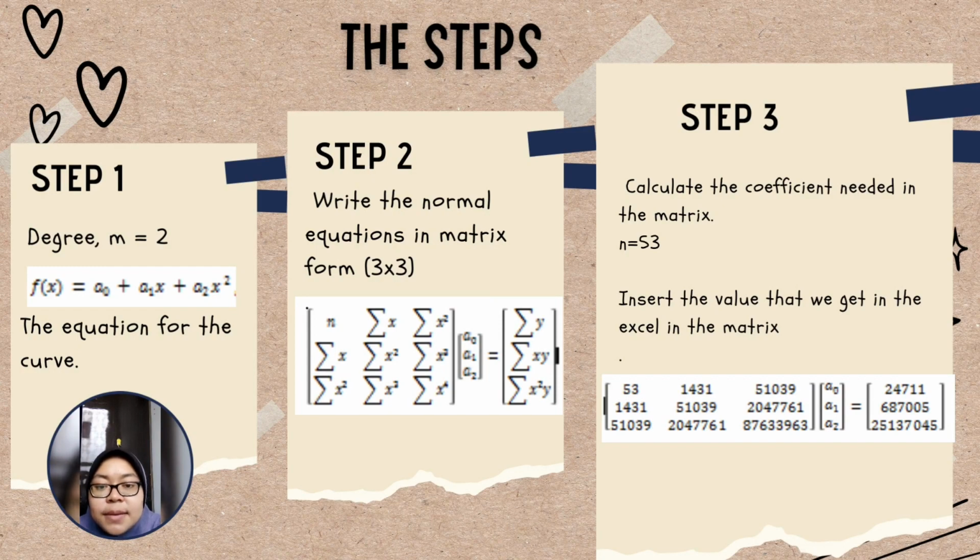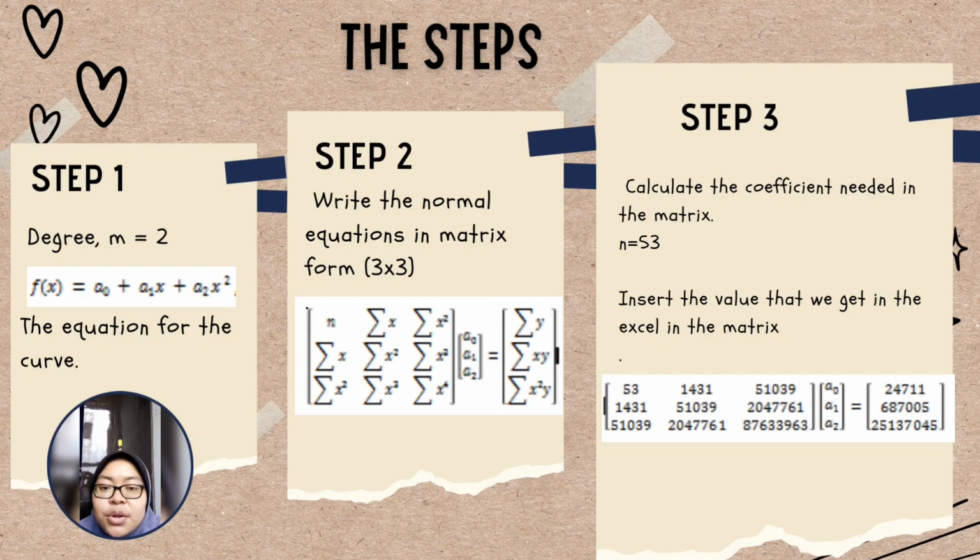51039. The summation of x cubed is 2047761. And the summation of x to the power of 4 is 87633963, and the summation of y is 34711.